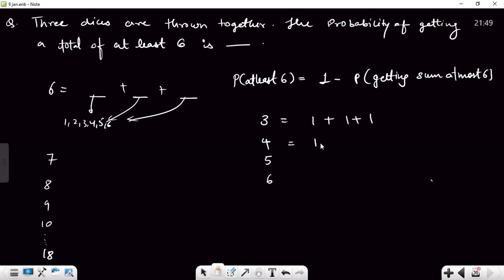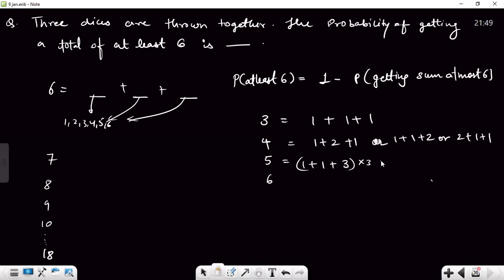How can 4 be made? 1 plus 2 plus 1, or 1 plus 1 plus 2, or 2 plus 1 plus 1. So there are 3 cases here. How can 5 be made? 1 plus 1 plus 3, and it's 3 arrangements.